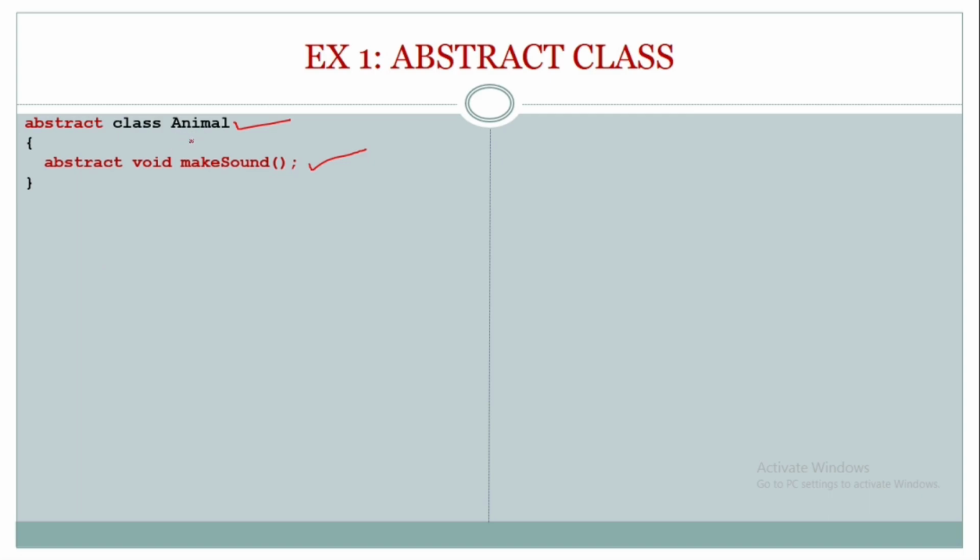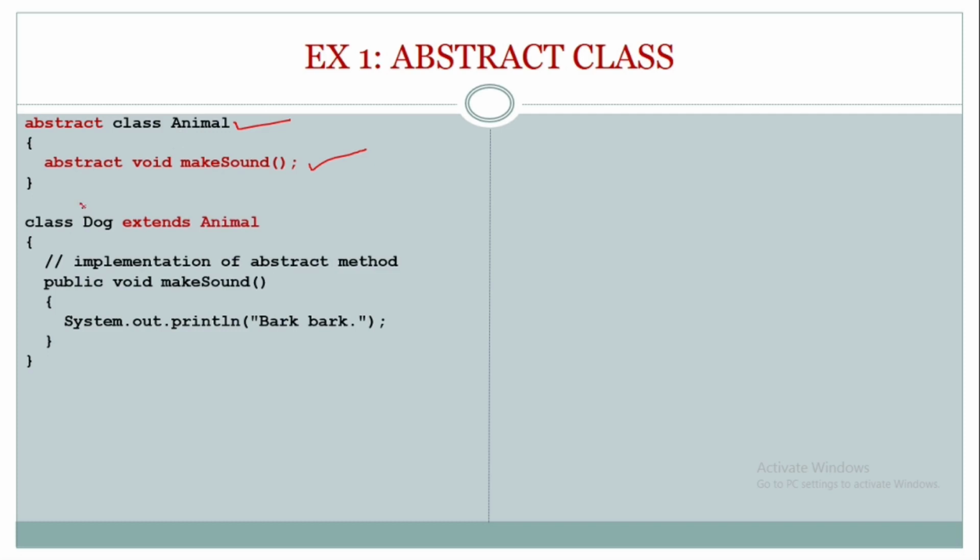Now I need to create a subclass of Animal. As you can see, Dog is a child class or subclass of Animal. The implementation of this abstract method is done over here in the subclass.